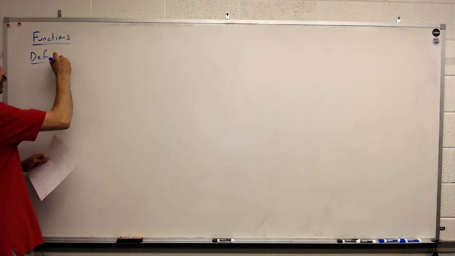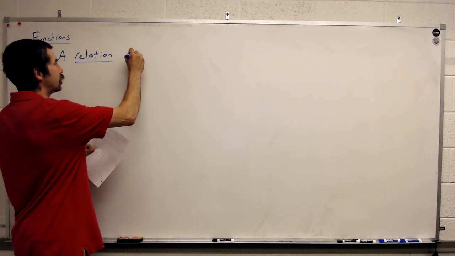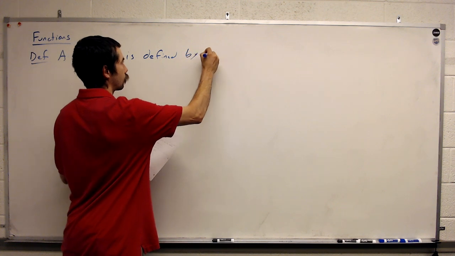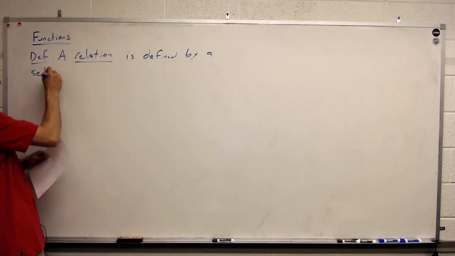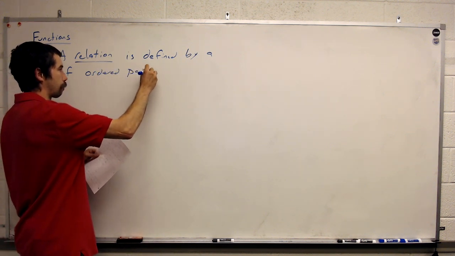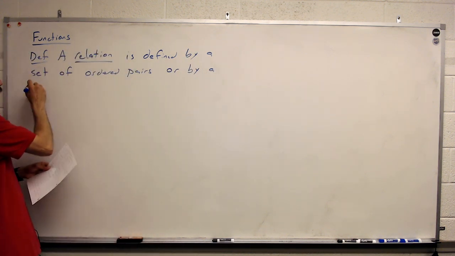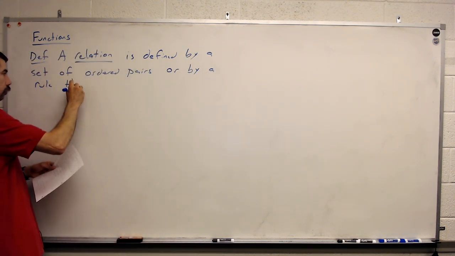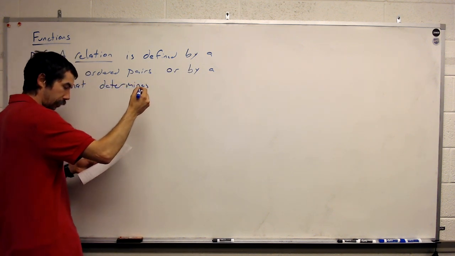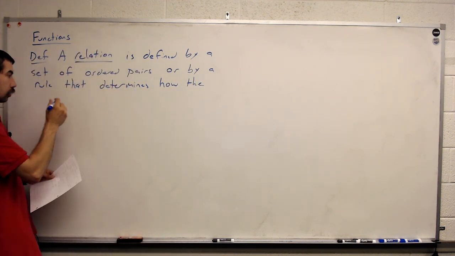So, definition: a relation is defined by a set of ordered pairs or by a rule that determines how the ordered pairs are found.